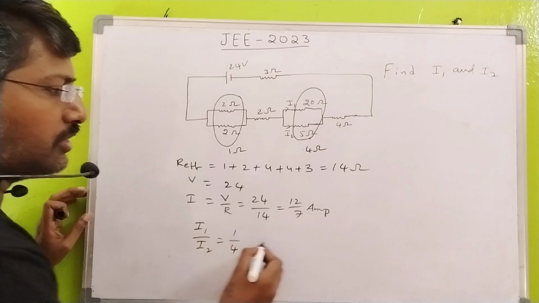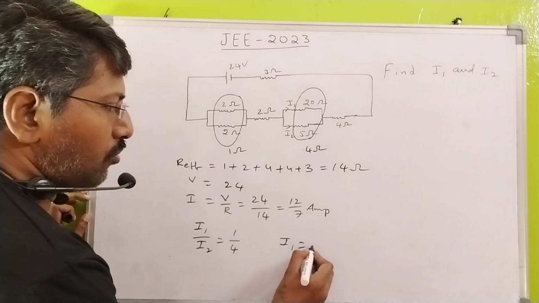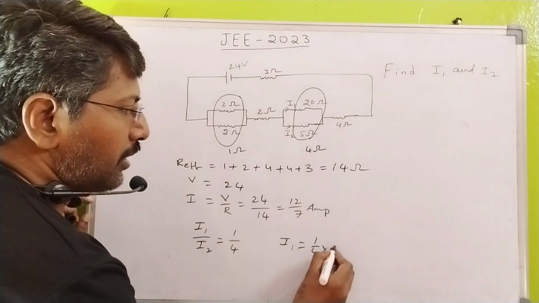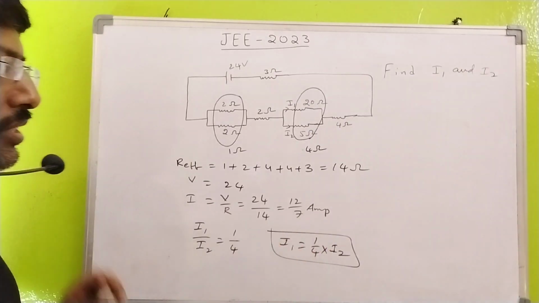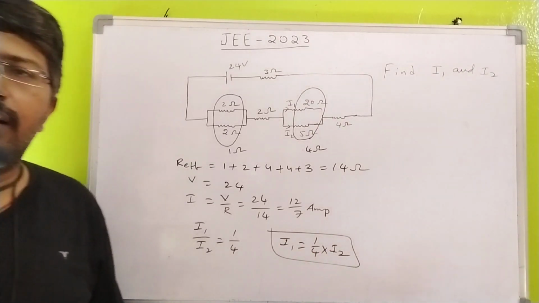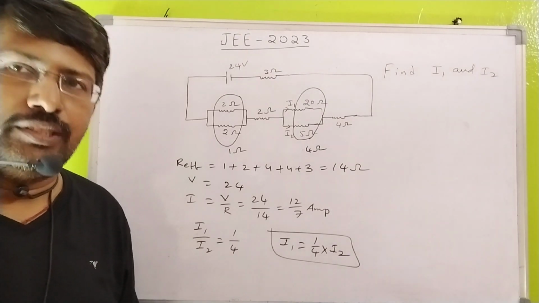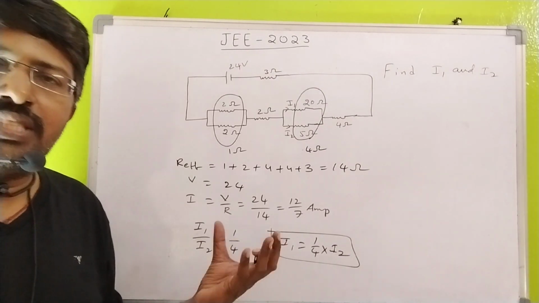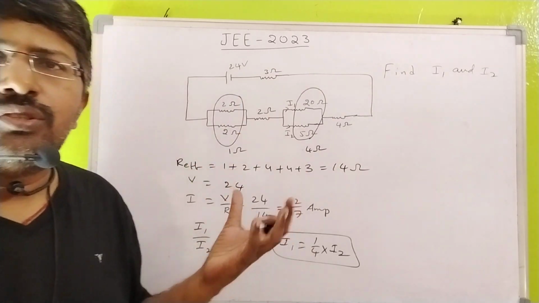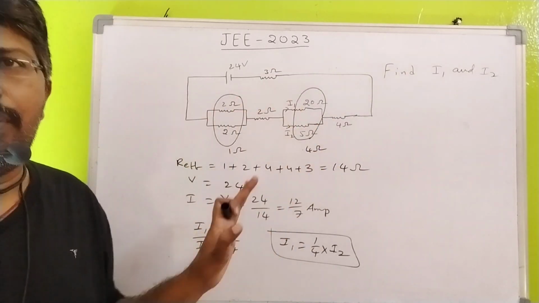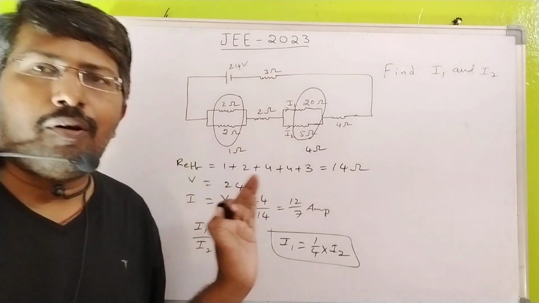Now simplification, so I1 is equal to 1 by 4 into I2. So this is the method to calculate current I1 and I2. Okay, this is also a completely memory oriented question. So that's why you should remember the method of how to solve this type of problem.